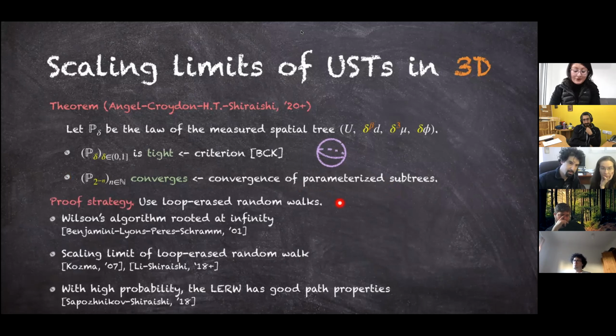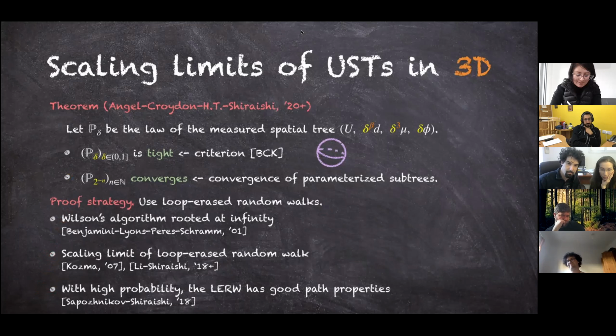And there are elements of the proof that are common to both tightness and convergence, as they all use loop-erased random walks. So we apply Wilson's algorithm rooted at infinity to sample our trees with loop-erased random walks. We use the existence of the scaling limit of loop-erased random walks, and that with high probability, the loop-erased random walk has good path properties.